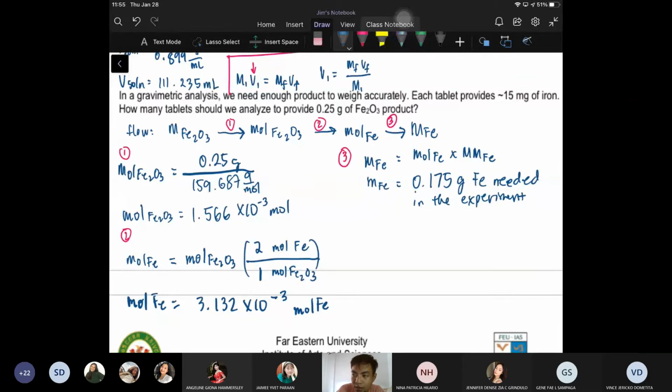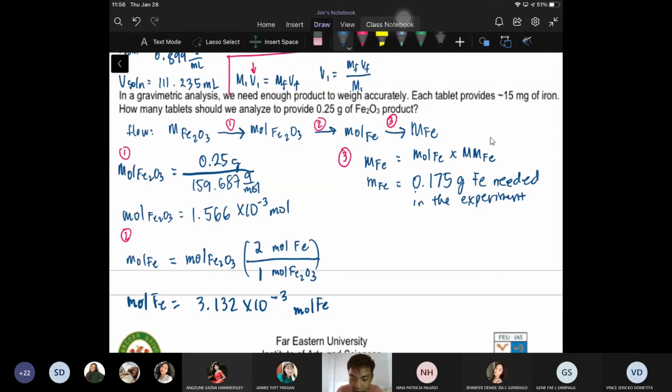Hindi pa yan yung final answer. Ang ginawa lang natin ay from mass ng iron 3 oxide, ginawa natin siyang mass ng iron. Okay. Bakit? Kasi ang pinaka-question talaga sa problem is yung dami ng tablets na needed, no? Para may ganitong amount ka ng iron 3 oxide, okay?